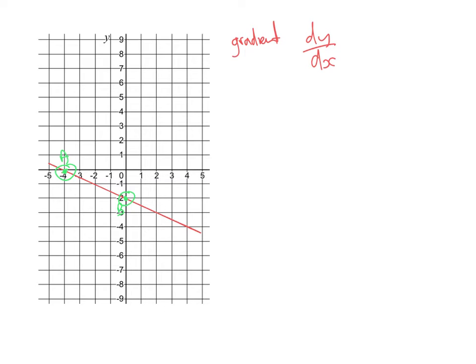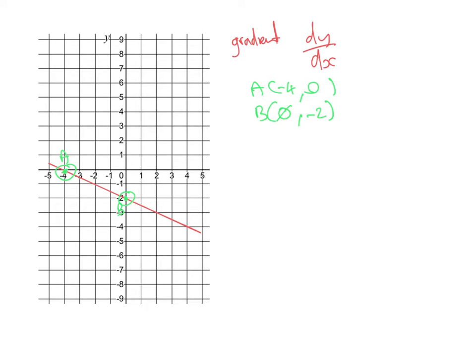So let's work out what the coordinates of them are. So what do you think A is? Well, A's x component comes first, so that's -4, and the y component comes second, so that's 0. Okay, and then B, the x component of B is 0 and the y component is negative 2.